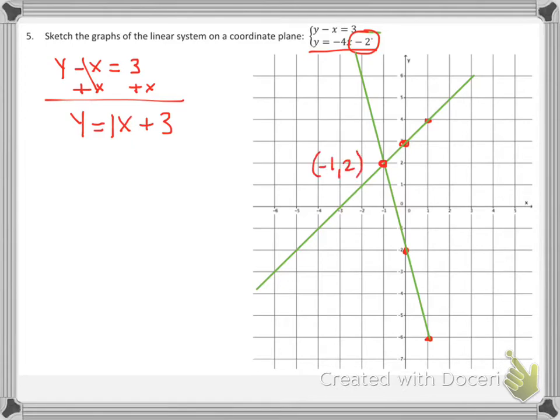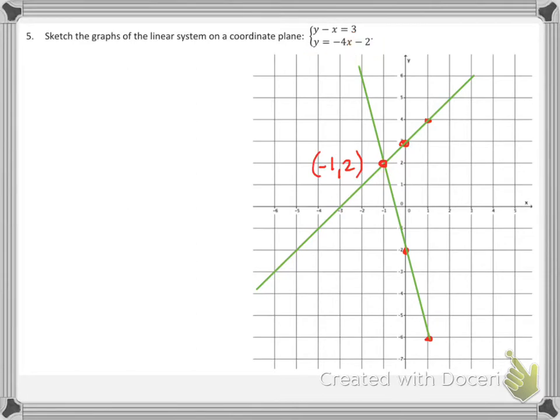(-1, 2). And now we just have to check and see if that is the solution for both of these equations. So let's do that. y minus x equals 3. Well, y is a 2, minus x is a -1, and that's equal to 3. The opposite of a -1 is a +1, so we have 2 plus 1 is 3 is equal to 3, and yes, the first one is a solution.